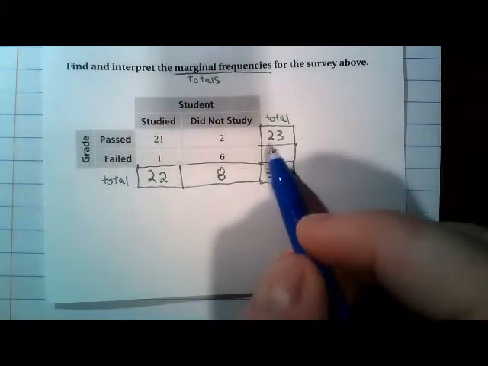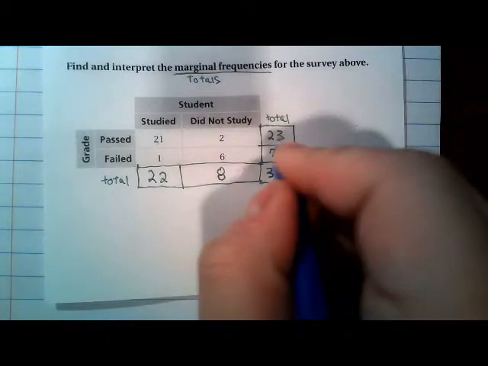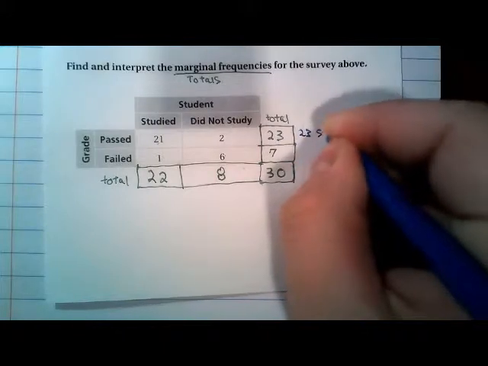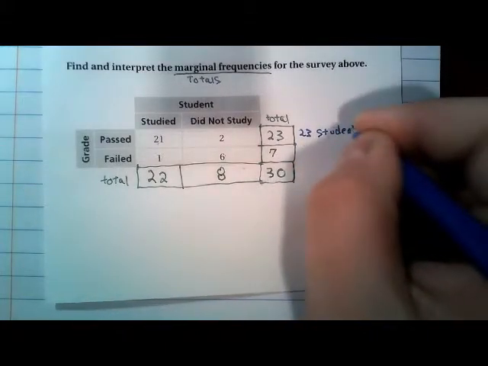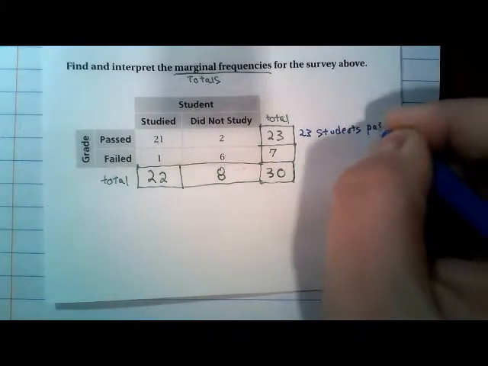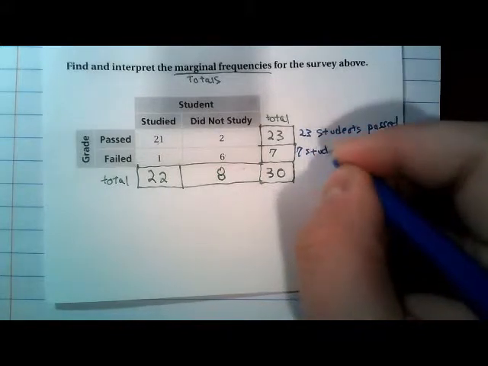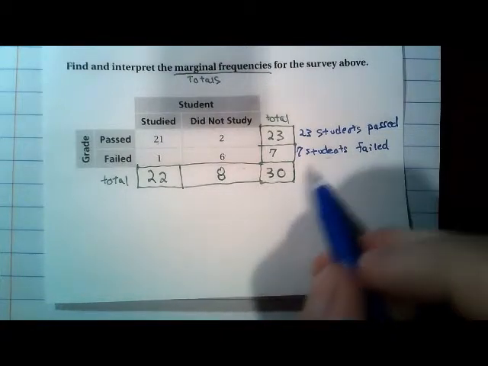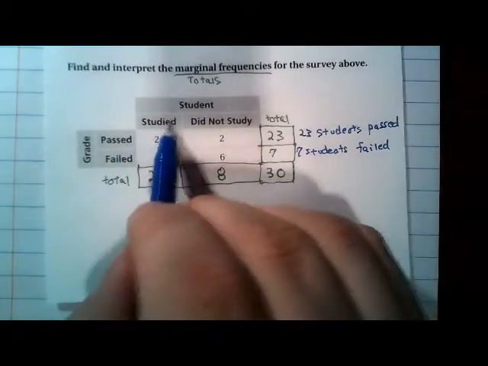So what does the 23 represent? Well, 23 is the total that pass. So 23 students pass. 7 students failed. Here, how many studied?